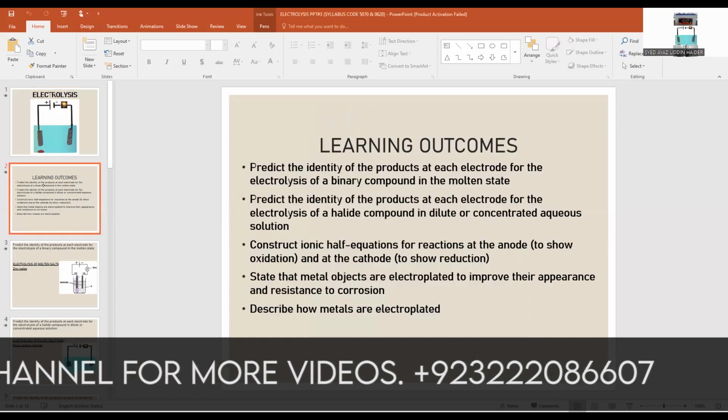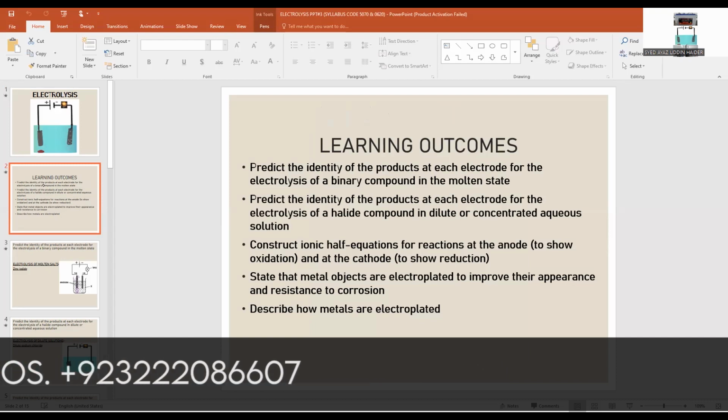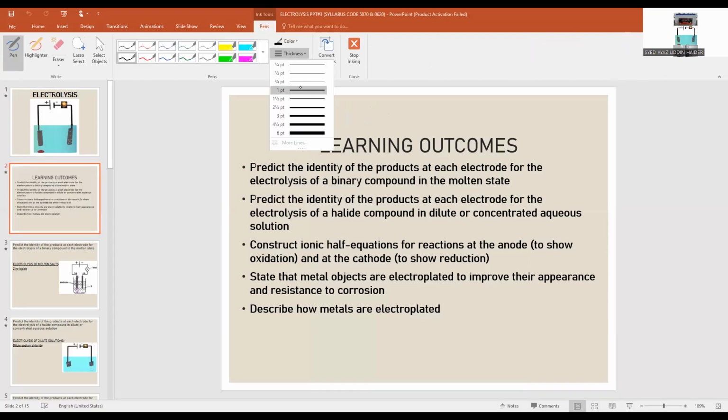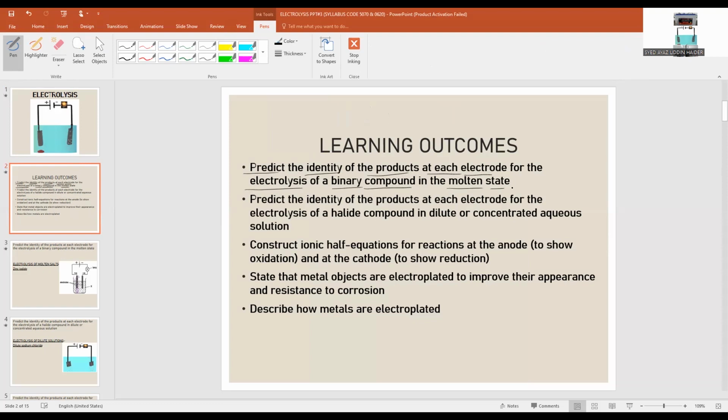Let's continue the video for the topic electrolysis. These are the learning outcomes for this video lesson. Predict the identity of the products at each electrode for the electrolysis of a binary compound in the molten state. Predict the identity of the products at each electrode for the electrolysis of a halide compound in dilute or concentrated aqueous solution.